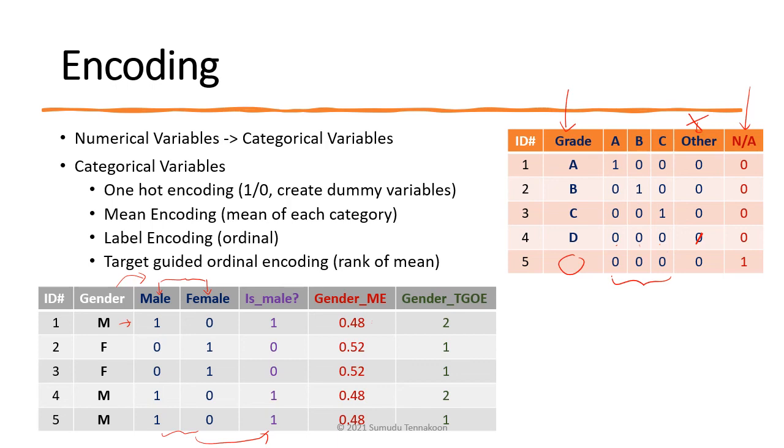If you have another category, then you have to have a D column. For a machine learning model, you can only use these three. You don't need to feed all four columns.